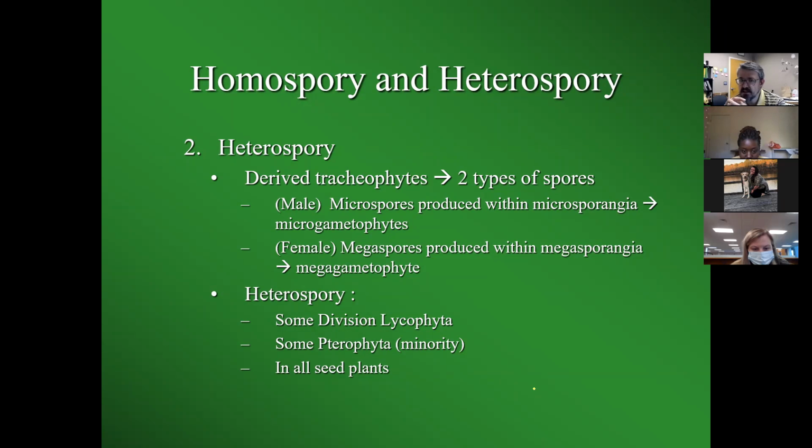And then you've got the megaspore, the female, which is produced within megasporangia that make megagametophytes. So these will be your gametophytes that develop from spores, and these gametophytes will only produce eggs. So you've actually got two different portions of the life cycle that are not on the same plant, one producing male, one producing female parts.